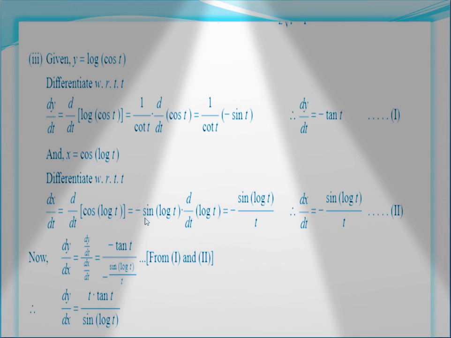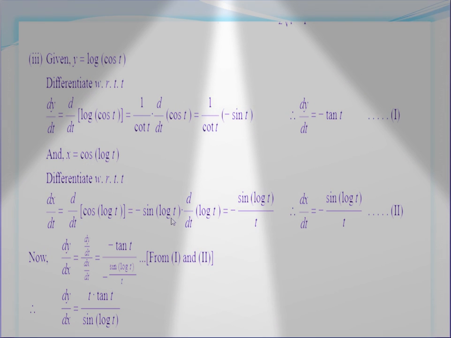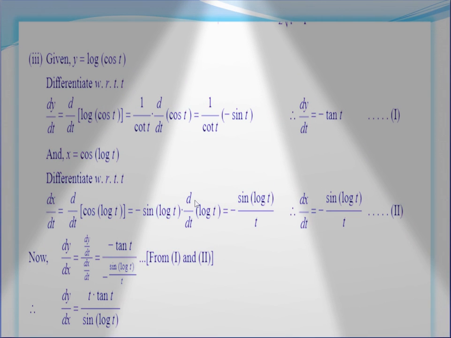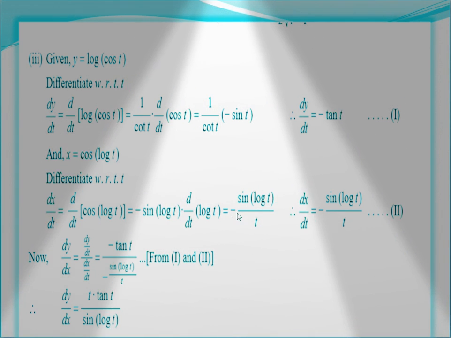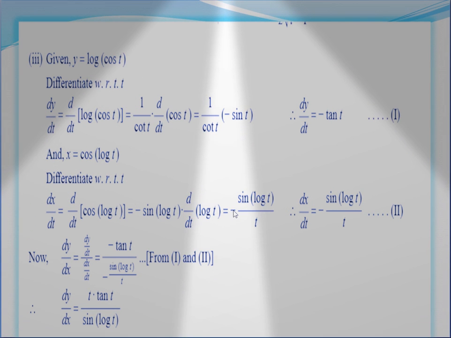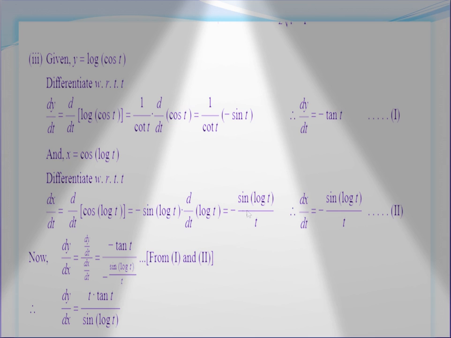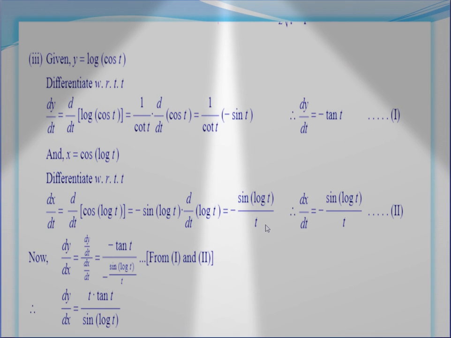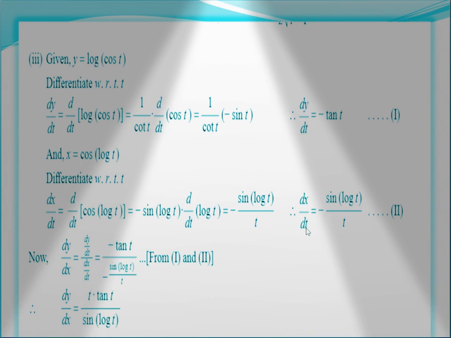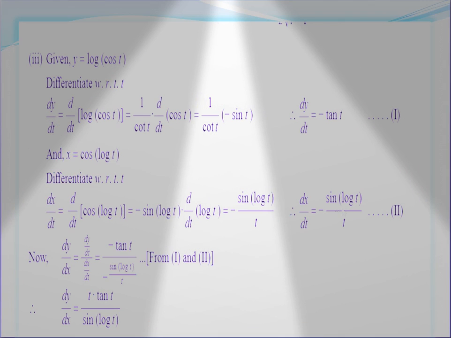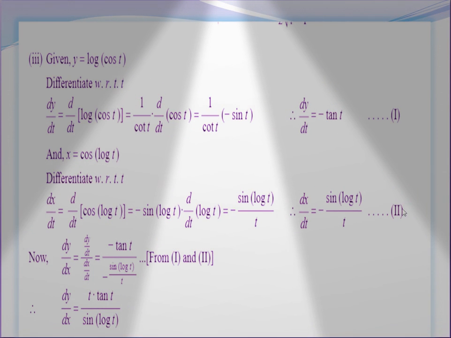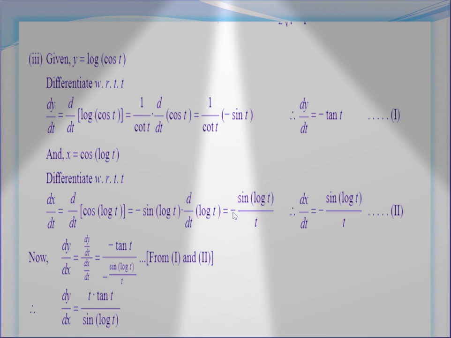Therefore, the derivative of cos of log t is minus sin of log t into d by dt of log t. That is, minus sin of log t into the derivative of log t, which is 1 upon t. Therefore, dx upon dt is equal to minus sin of log t upon t. Say this as the equation number second.